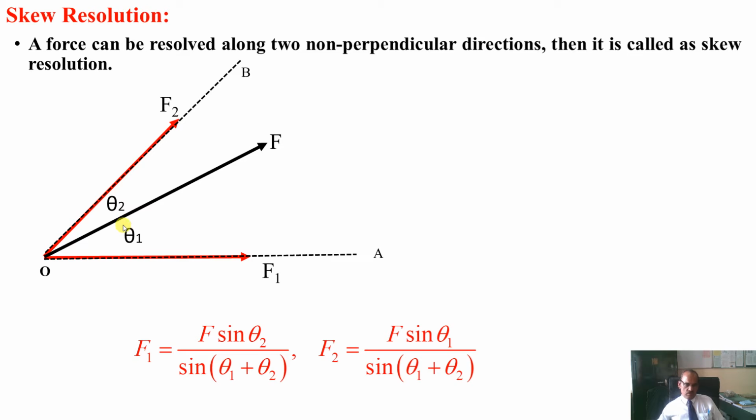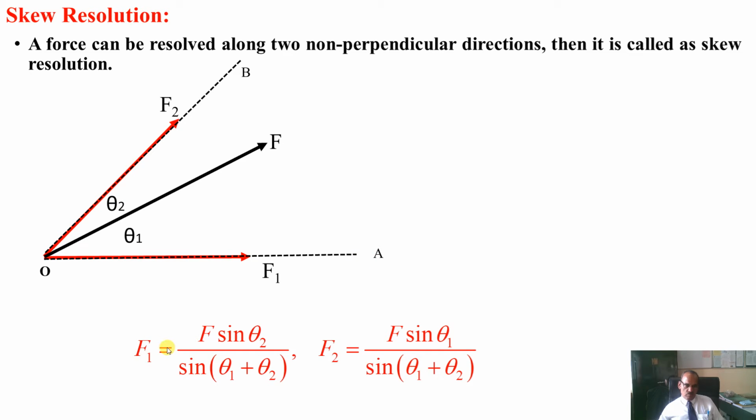So now it is very clear: the angle made by force F with this line is theta 1, and the angle made by force F with the line OB is theta 2. So how to get the component along line OA? That component I will call F1. F1 is the component along line OA.